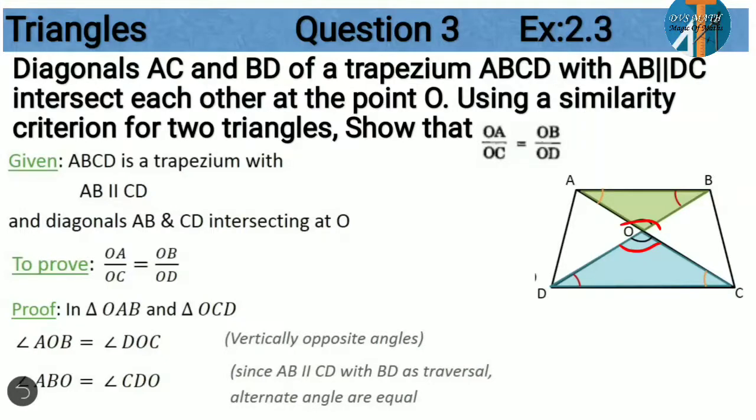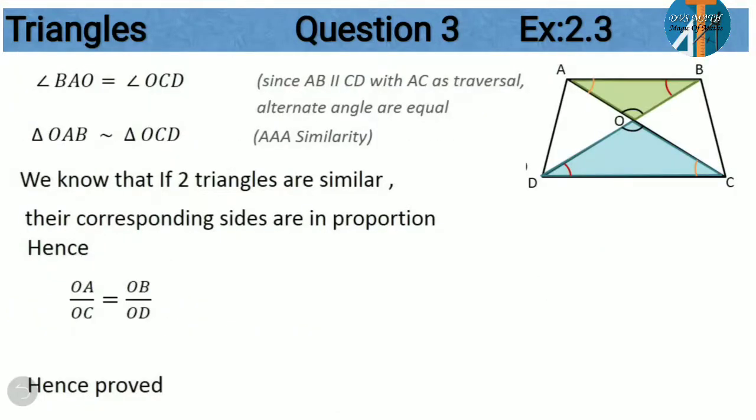So here you can consider angle ABO equal to angle CDO. These two are alternate angles. That means one pair is vertically opposite angles and one pair is alternate angles, so two angles are equal.